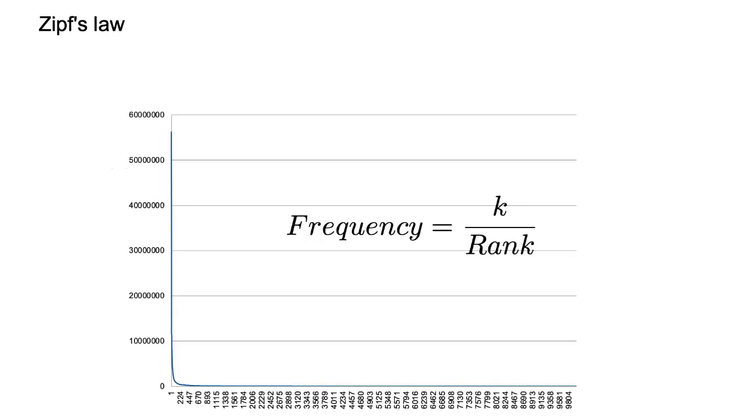So it's basically going to be k for the first one, then k over 2 for the second term, then k over 3 for the third one, k over 4 for the fourth one. And here also it's a surprise because the series doesn't converge, right? You know that if you sum the inverses of all integers, 1 plus 1/2 plus 1/3 plus 1/4 and so on, it doesn't actually converge.